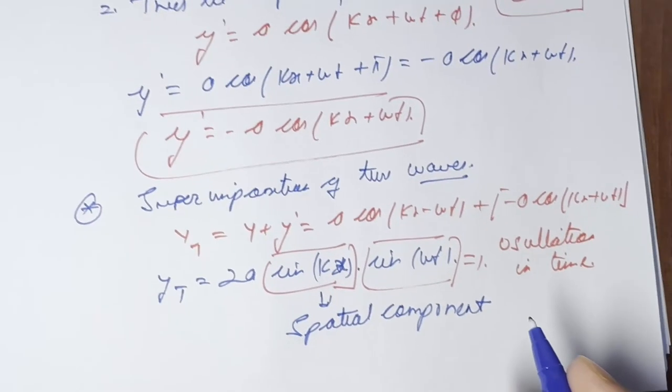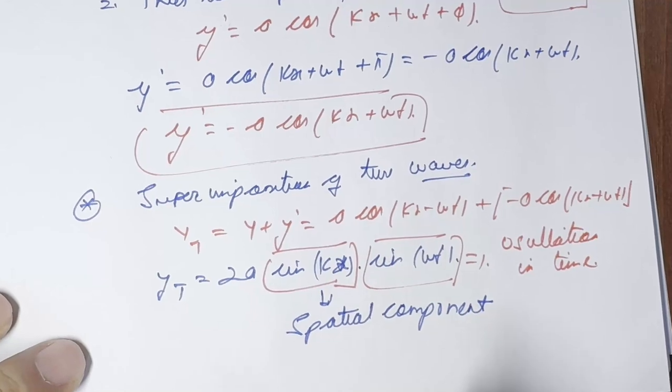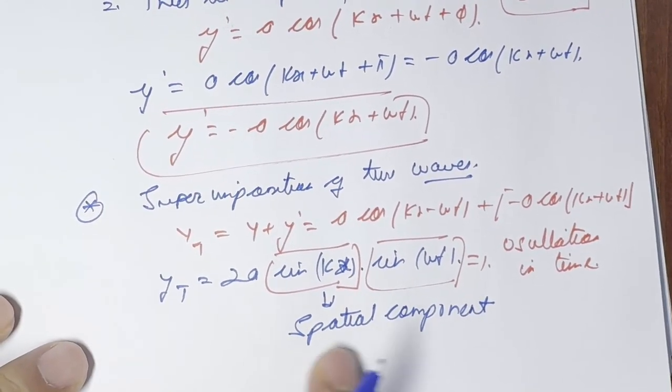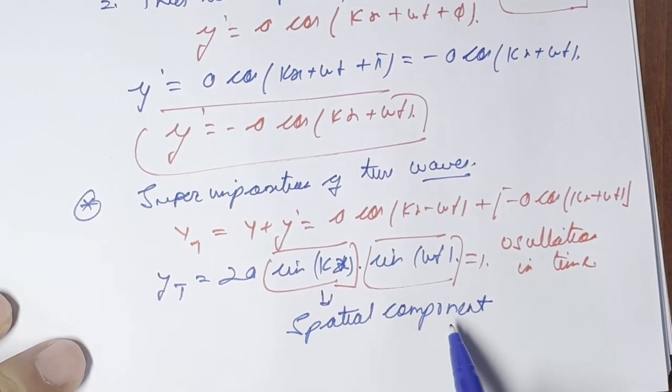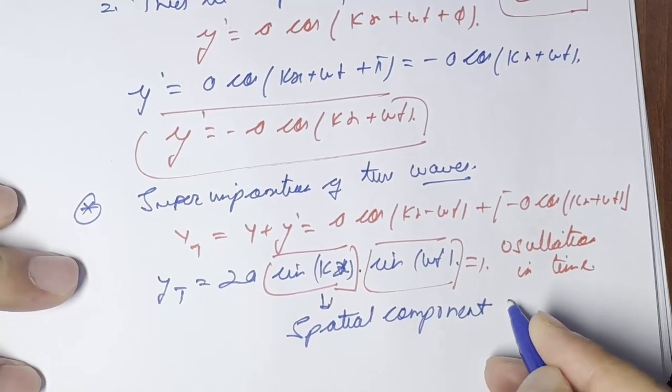Nodes and antinodes, like we said previously also, are defined by the spatial component.